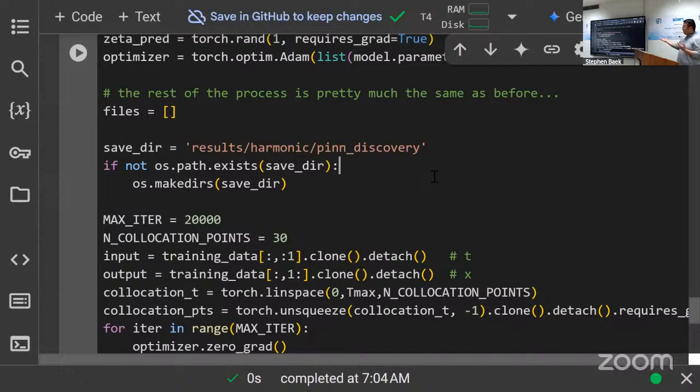Because governing differential equations are usually the ones that define the relationship between first derivatives, second derivatives, and things like that. So those terms are regularizing the shape of the fitted curve so that you're not only fitting to the target data points, but also in between points you want to make them smooth according to some smoothness criteria. So yes, it's a curve fitting problem.